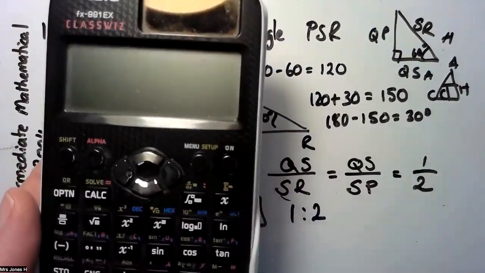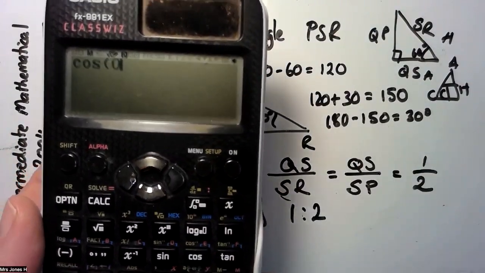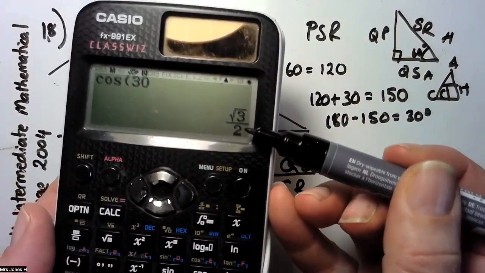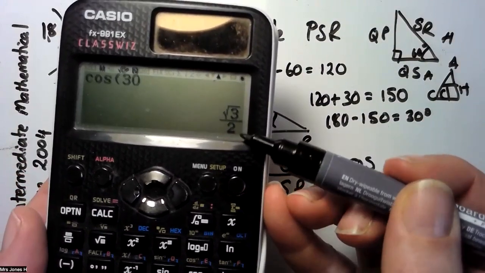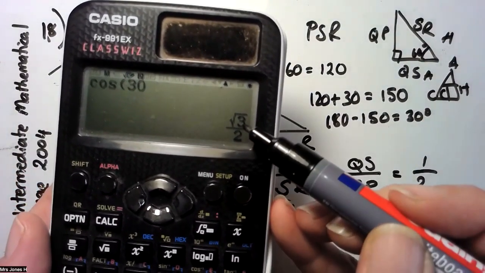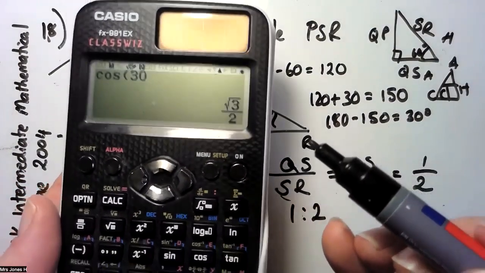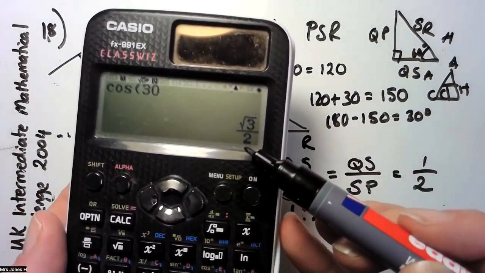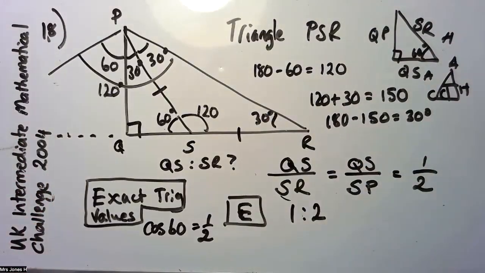There are other values. If you did cos 30 degrees, for instance, it will give you root 3 over 2, but this is still an exact value, although root 3 goes on forever if you look at it as a decimal. That's why we call them exact trig values. They are things that you'll need if you do a GCSE in England. You will need to know and learn your exact trig values, no matter whether you're doing foundation or higher.